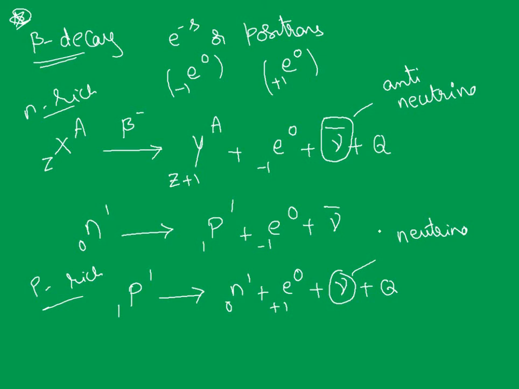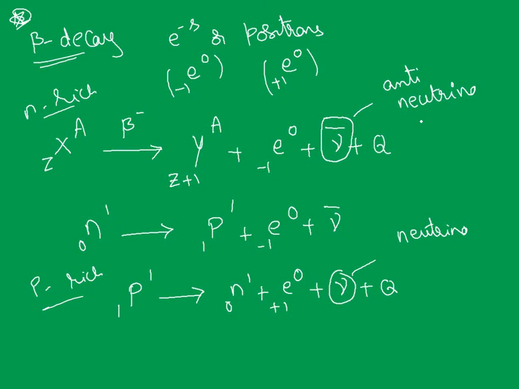Okay, clear, right? Remember, these two are particle and antiparticle. If you consider the neutrino to be the particle, the antineutrino is its antiparticle. Like for electron it is positron, similarly for neutrino, antineutrino. Are we clear with this?